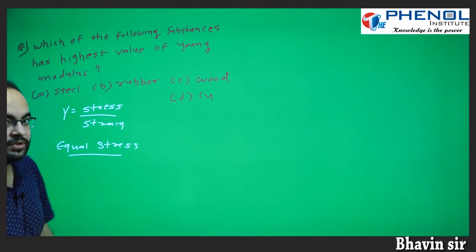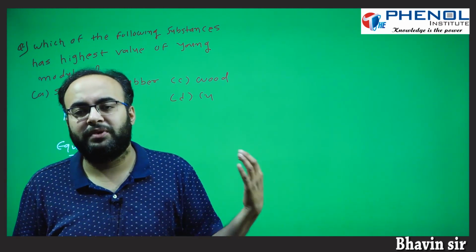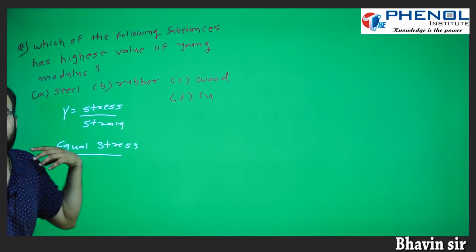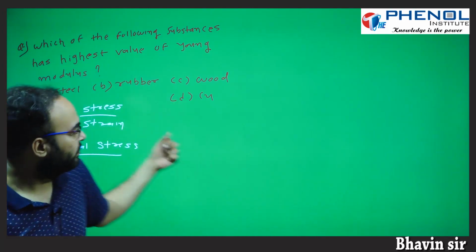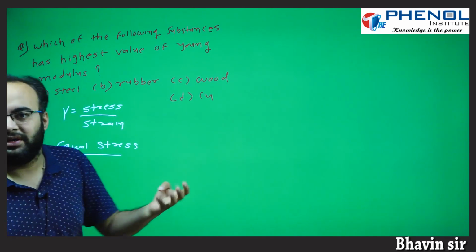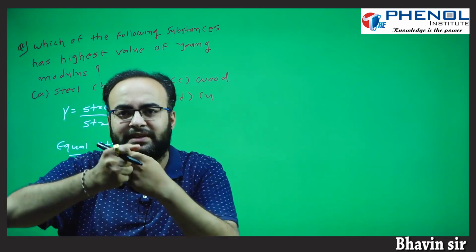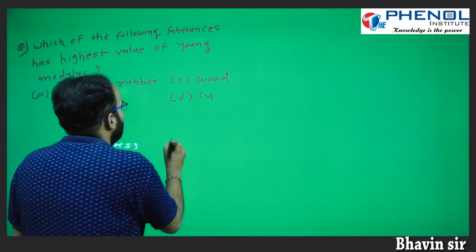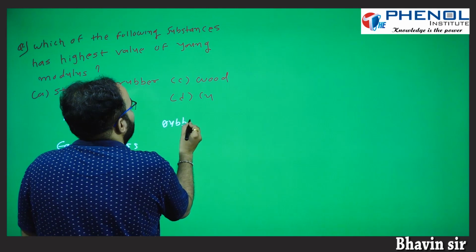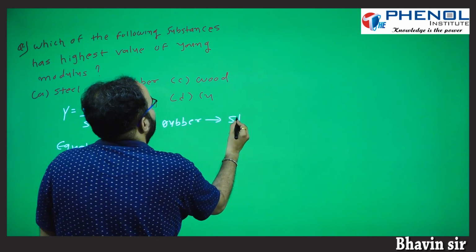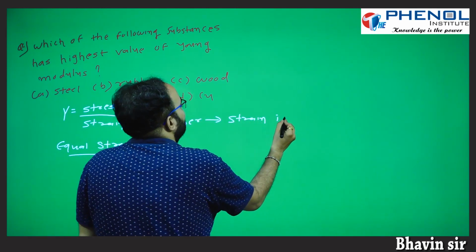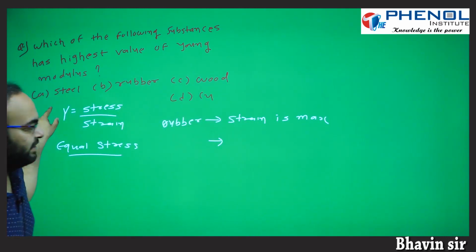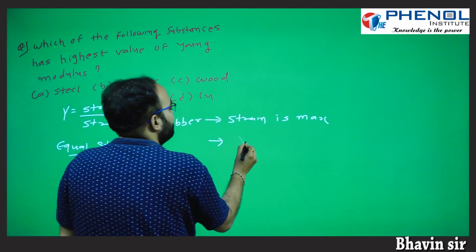In which of the substances can we produce large strain? So it is obvious, it is rubber. In rubber we can produce large strain, we can change its length so much. So in rubber, strain is max. So if strain is max, then Young modulus is minimum.